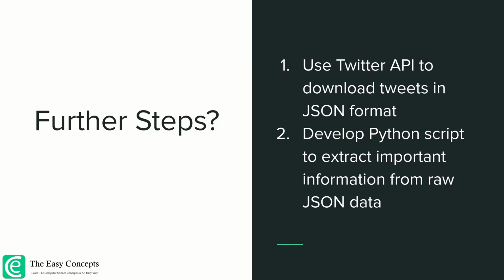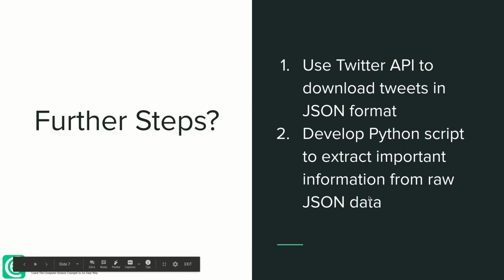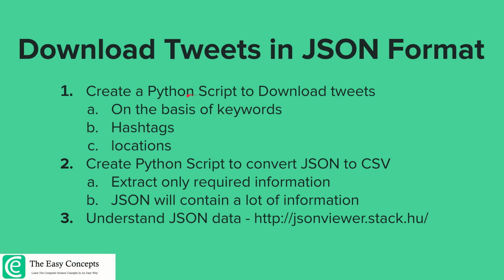Thereafter, you will have raw data in JSON format, which you need to use for extracting important information, and this information will further be needed for your analysis, right? So there are two steps actually. One is downloading tweets in the JSON format, and another script is going to convert that JSON data into a CSV file. Clear? So here are those steps.